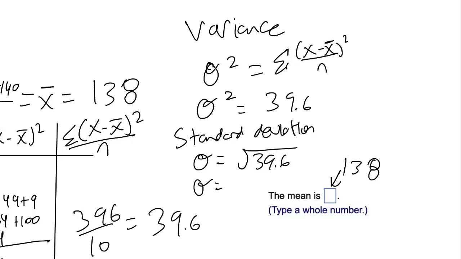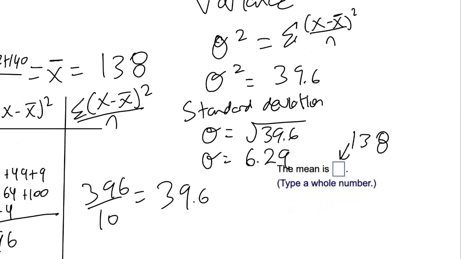Right. The square root. The square root of that is 6.29. Square root of it is the same? Yes, that is correct. The mean is 138. Whoever said 138, that's the mean, by the way.